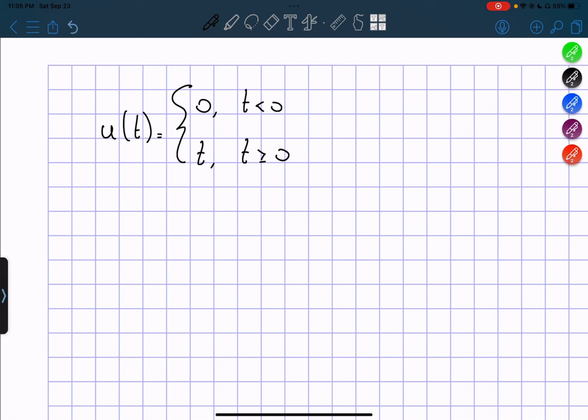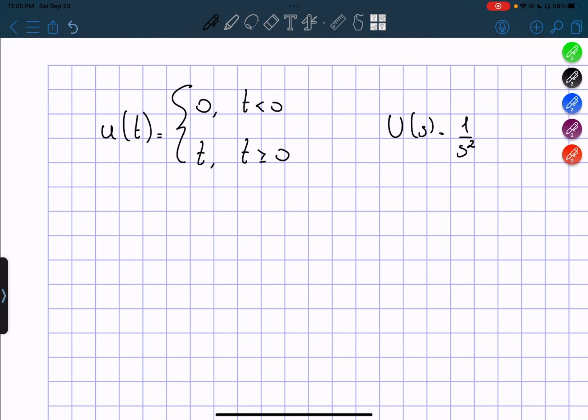So now that we have this, we should look up on our lookup tables how to transform from t to s. So we can see that it's 1 over s squared. So our capital U of s is equal to 1 over s squared.